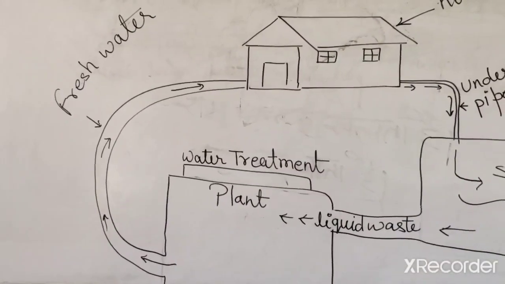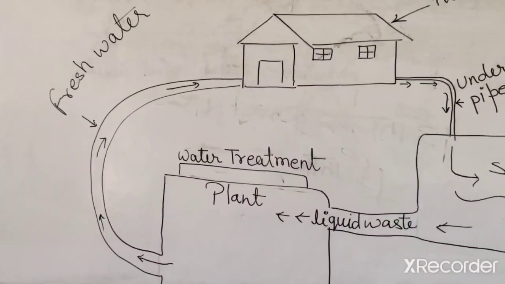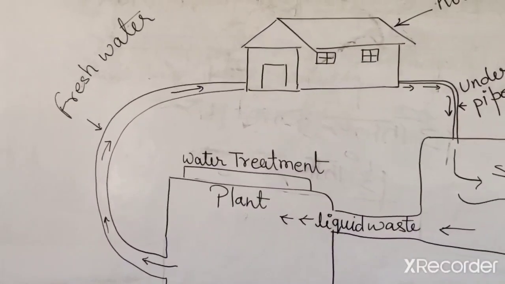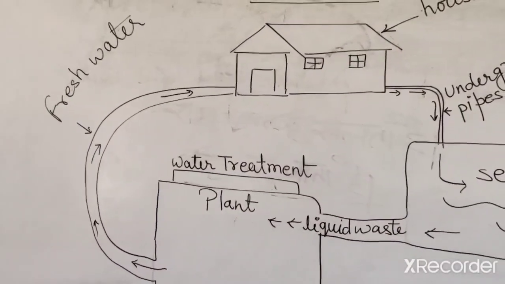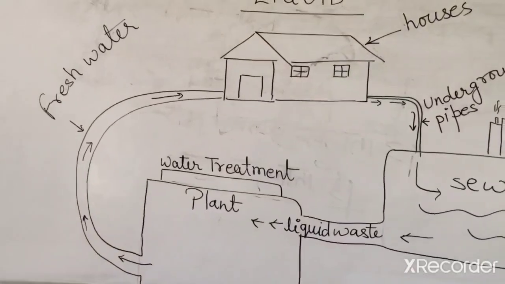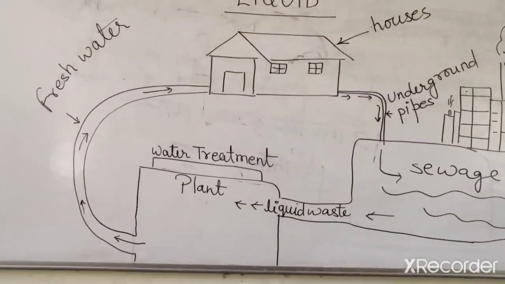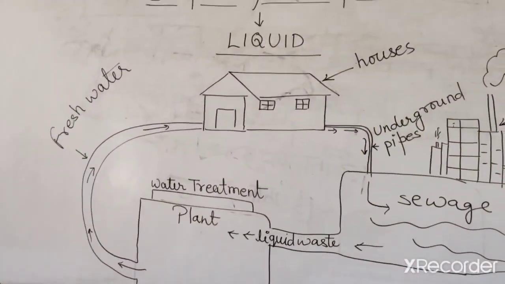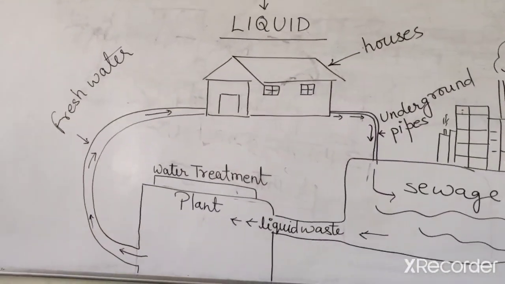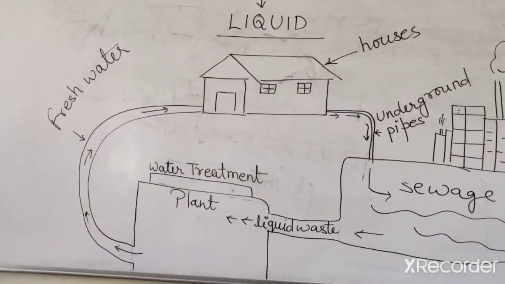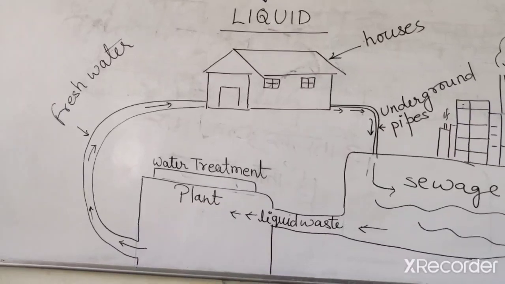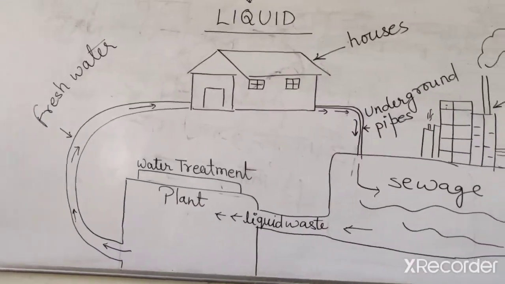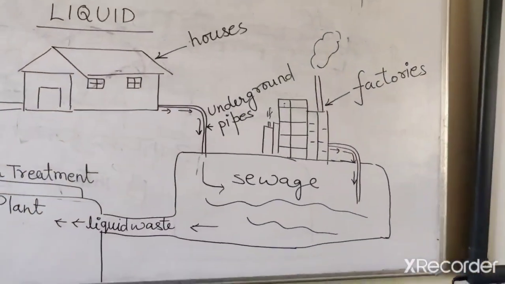Various pipelines, just like a cobweb, बहुत सारी पाइपलाइंस होती हैं जो पूरे के पूरे सिटी, टाउनशिप में स्प्रेड होती हैं. So this water which is now fresh, which is properly treated in the water treatment plant, is again supplied to your houses or to the factories.